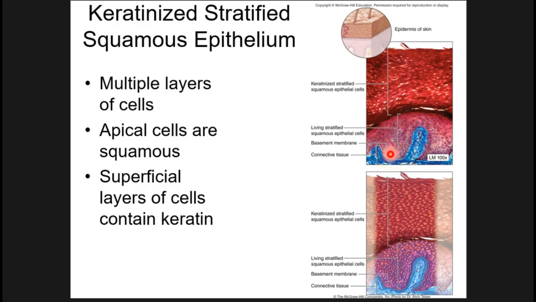This is a layer of cells, this is a layer of cells, and so on; there are this many layers of dead cells in here. This is what we would call thick skin that we learned about in the integumentary system. This would be like the soles of your feet, palms of your hands, that have many layers. Have you ever stuck a needle in the skin of your hand and it's fine? That's the needle going into these layers.